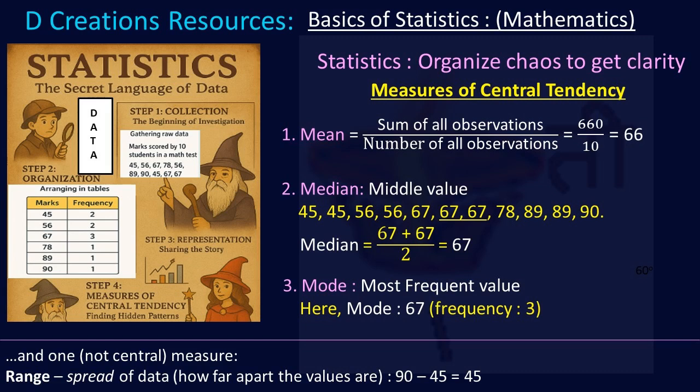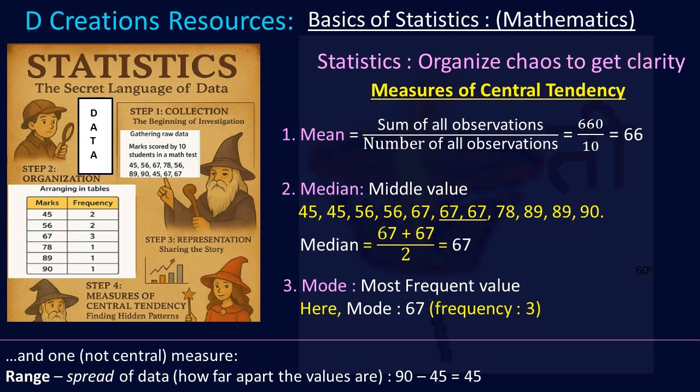And if you recall, just when we had begun the calculations, we had also found out the range. Now, range is not a central measure, but still it's an important parameter, and that we had found out by subtracting the lowest value from the highest value, and that had come out to be 45, and that basically represented the spread of data.